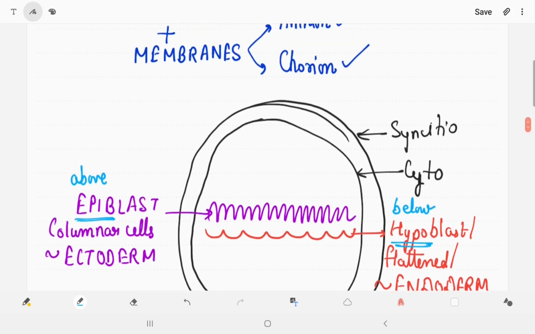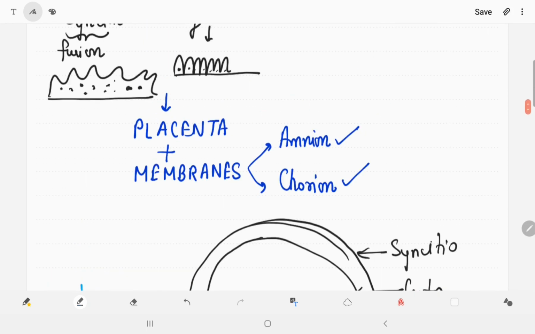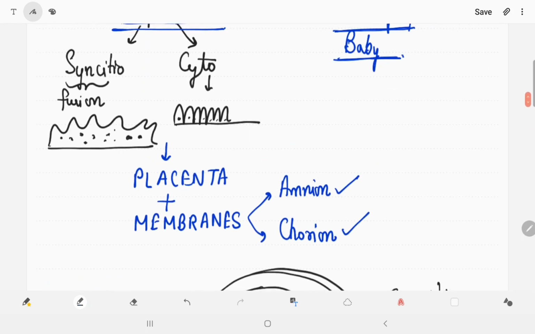Now, a small piece of information that I want you to know is that all the tissues in our body are formed of three germ layers, right?